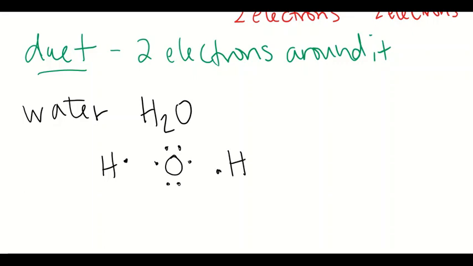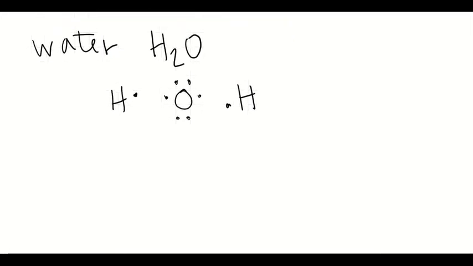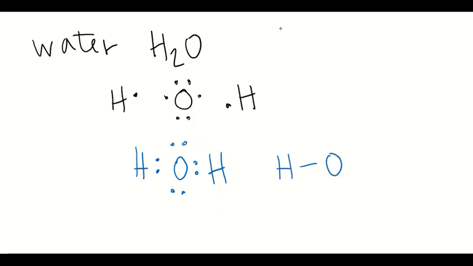And then another hydrogen has this. So when you're now going to smush that together, you can either do it like this or you can draw it with the lines to show the bonding.